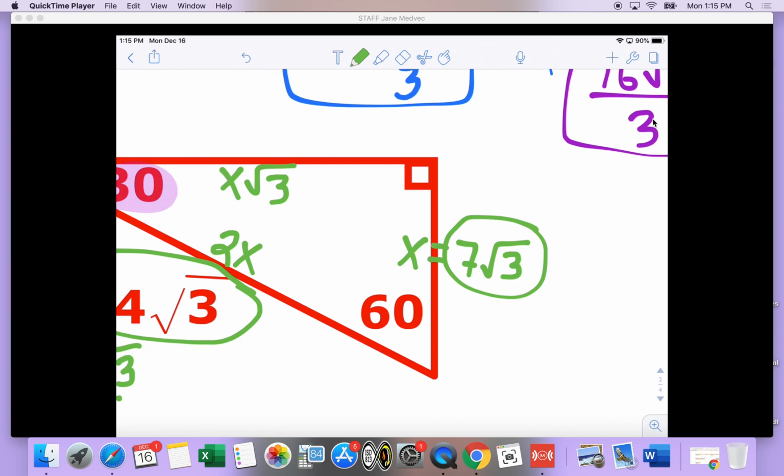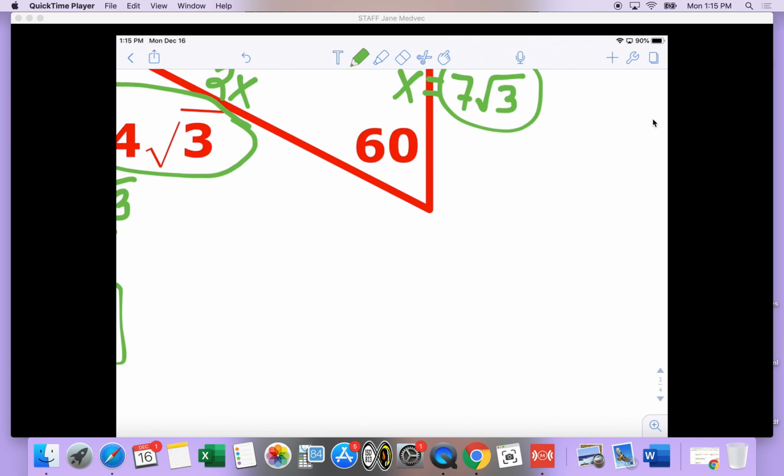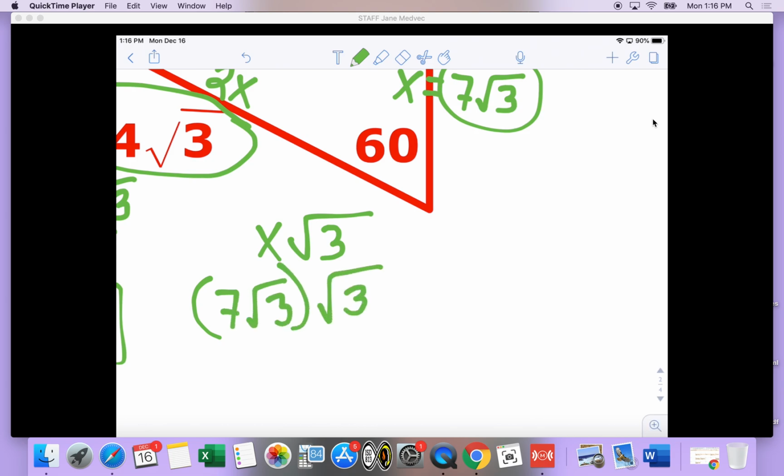Okay, now I got to figure out x root 3. There's a little more work involved on that one. So I'm going to take out x, and I'm going to put 7 root 3, and then I've got root 3. So I'm doing substitution. Okay, and what do I get? What's root 3 times root 3?